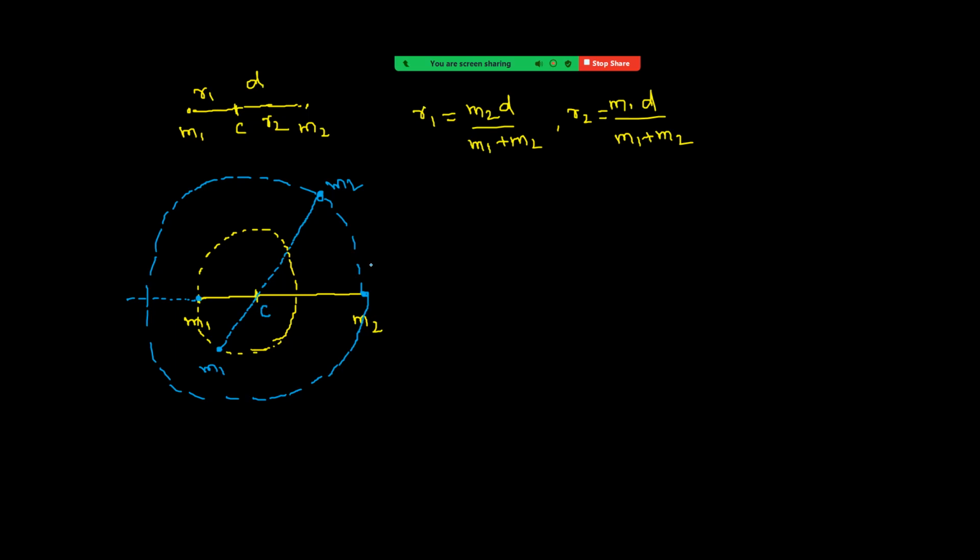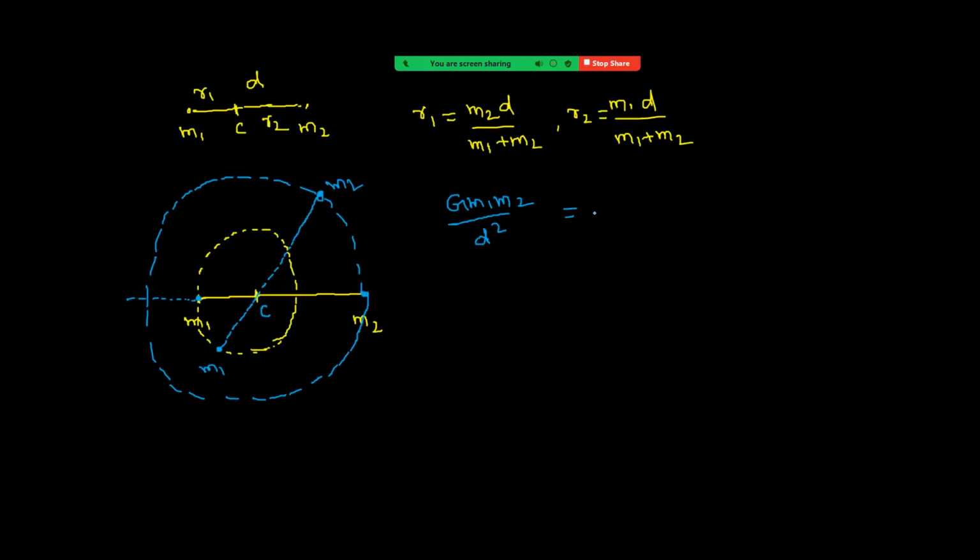The key point is, whenever a body moves in a circular path, we have to focus on who is providing the centripetal force. Here it is the gravitational force between them. Let us focus on m1. The gravitational force G m1 m2 by d square, with separation d, is providing the centripetal force.